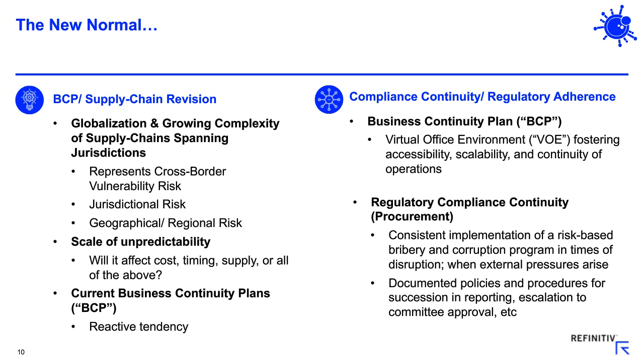When we are pressed for time, working from a virtual office environment, we need to know the proper succession chain and the proper individuals to go to for sign off, to make sure we're within our risk appetite for our compliance regulatory thresholds.